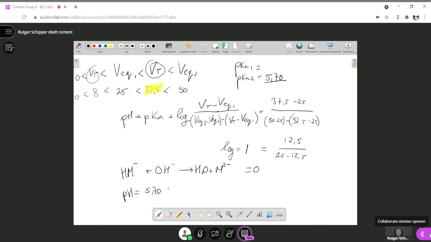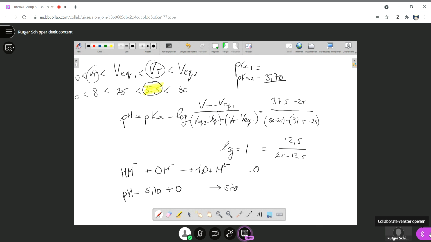The pH is then exactly the same as the pKa2, because the log value is 1, and log 1 is 0. Right? So when we add 37.5 milliliters to the system, the pH becomes 5.70.